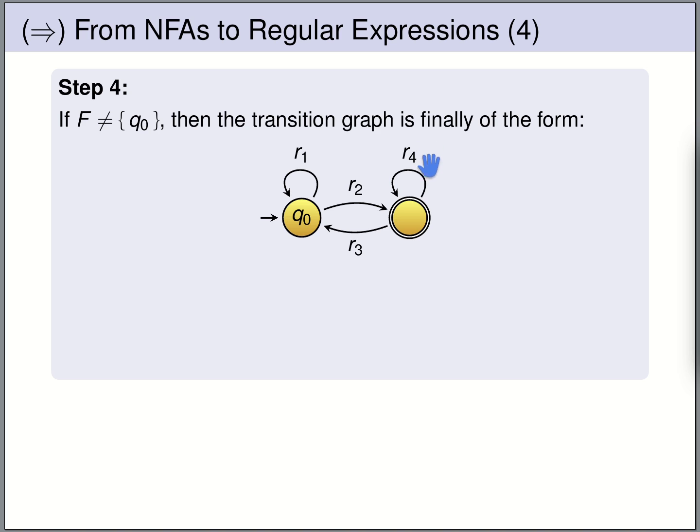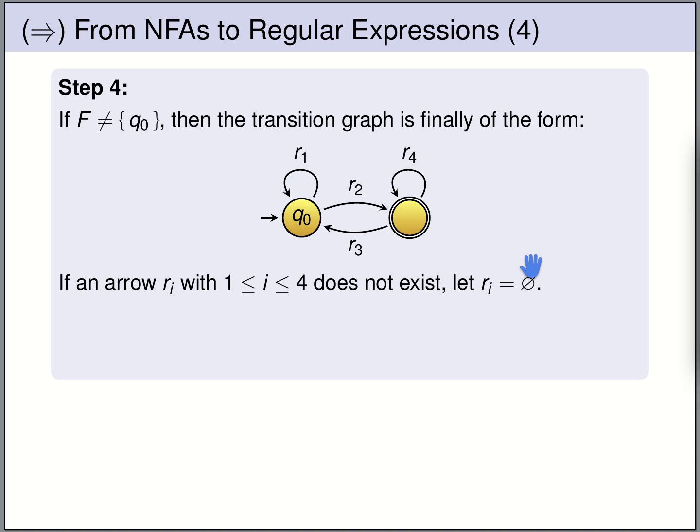And R4 is the regular expression that is on the loop on the final state. Now, if one of these transitions is missing, so if one of these arrows is not present, then we can simply add this transition, and as a label we then use the regular expression that symbolizes the empty set, the empty language.